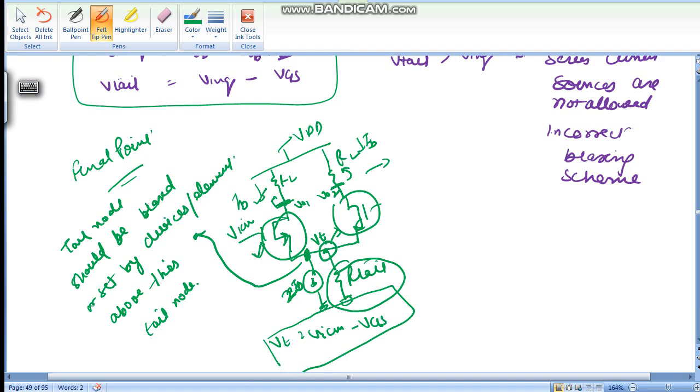So the bias for VO1 and VO2 is VDD minus IB RL. In this way we can easily bias a differential amplifier.